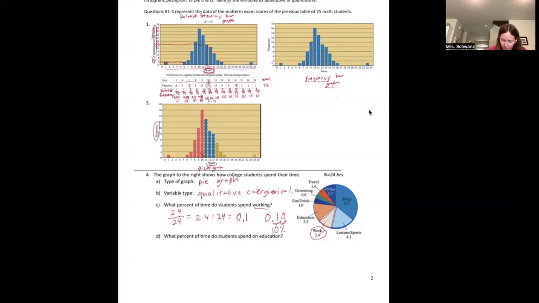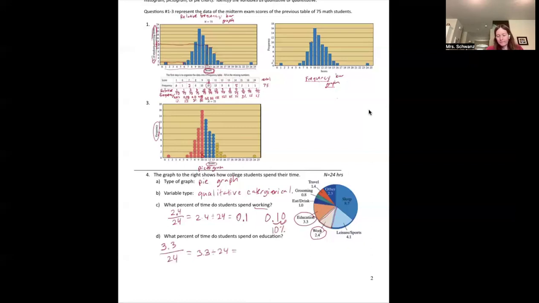Then they ask, what percent of time do students spend on education? So here is the education. I'm going to do the same thing again: 3.3 over 24. I take 3.3 and divide by 24 in my calculator, so 3.3 goes first, hit divide, then 24.